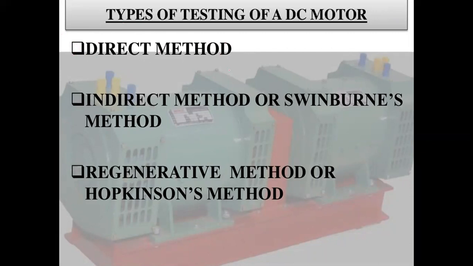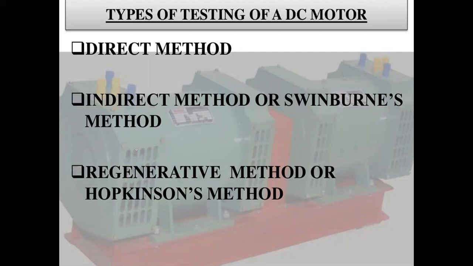To avoid this direct physical test, we conduct another method, the indirect method. Indirect method means we will not test the machine at full load or off load. We have the efficiency formula, output by input.